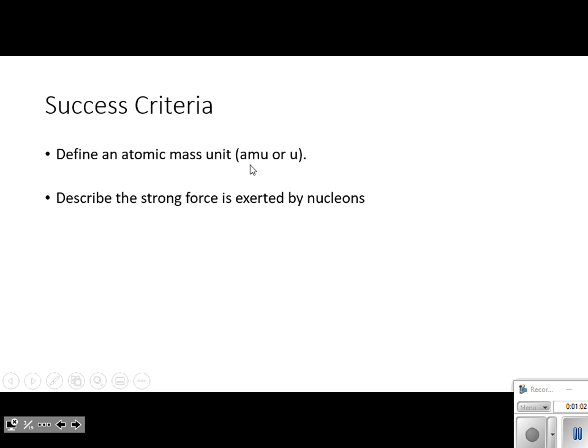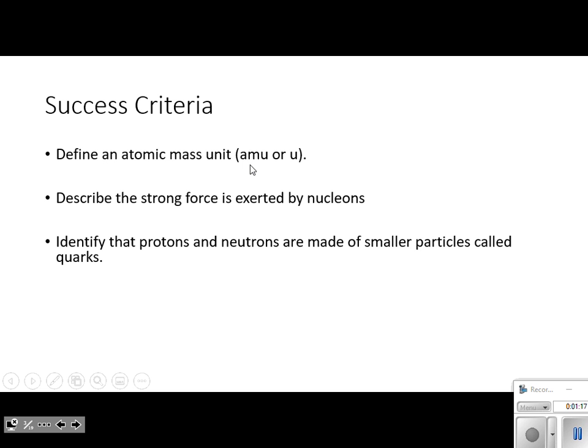We also need to be able to describe the strong force that is exerted by nucleons. This is the first time we've been introduced to the word nucleons, so we'll discuss that here in a bit. We need to identify that protons and neutrons are made up of smaller particles that we call quarks.